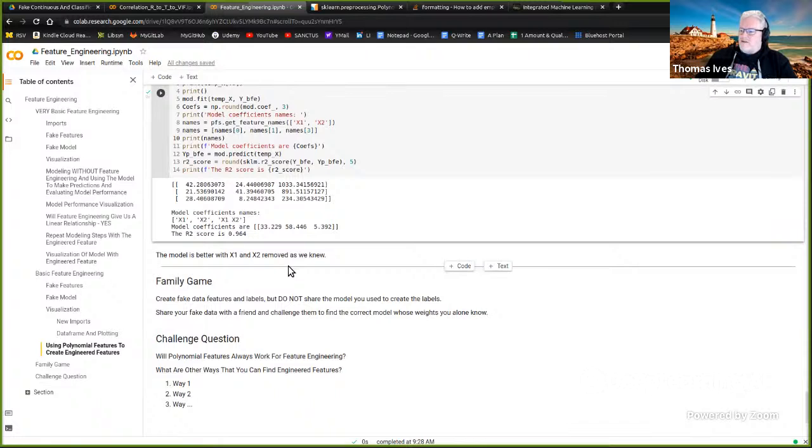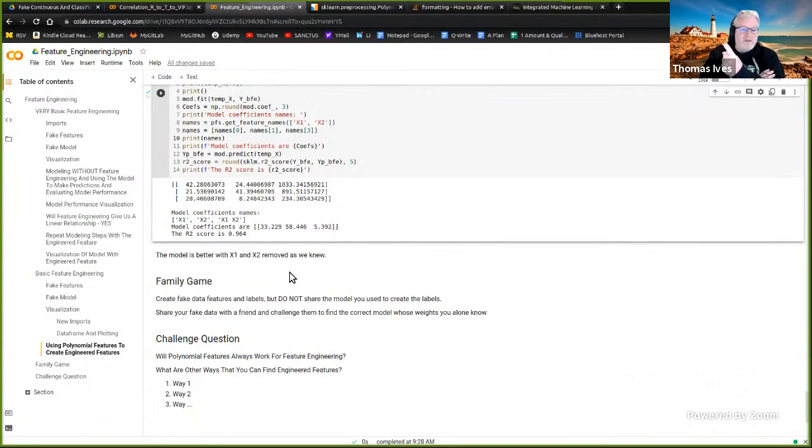Okay, now how do you take this further? I just want to remind you of this. When we're not using fake data, we're using real world data, we don't know the best case. That's why we have to do all these checks. I'm going to reduce features initially, just which feature set is best. Then I'm going to throw polynomial features at it to see if I can get more accuracy. But again, we don't know, should I include a y-intercept in this?